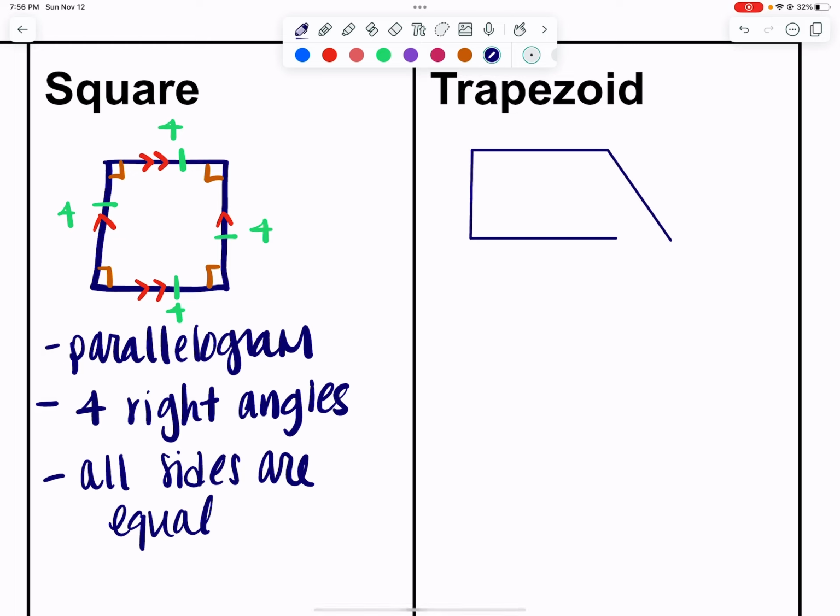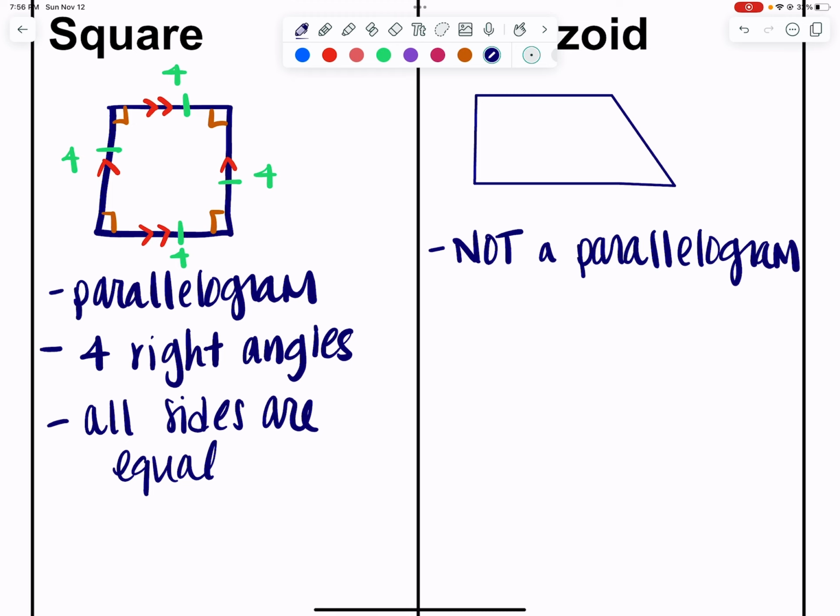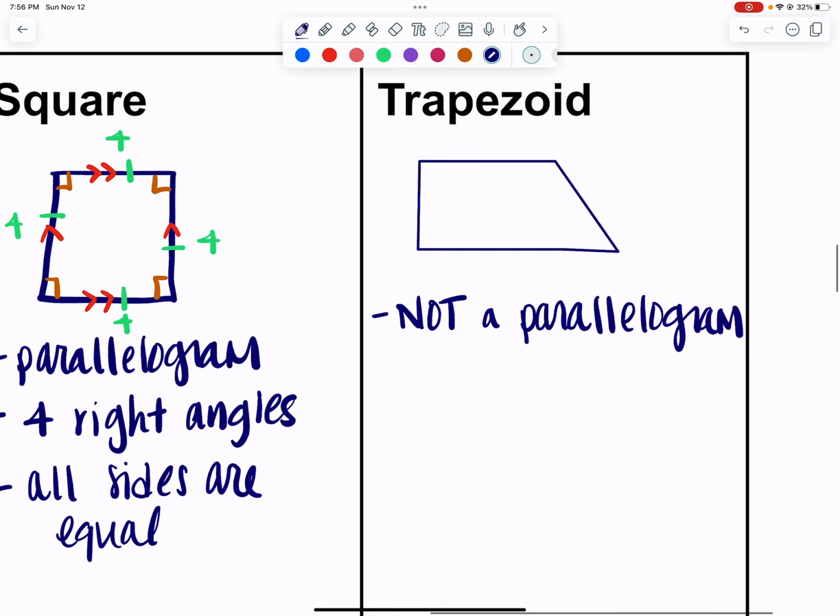So in a trapezoid, this is not a parallelogram because in a trapezoid, we only have 1 pair of parallel sides.